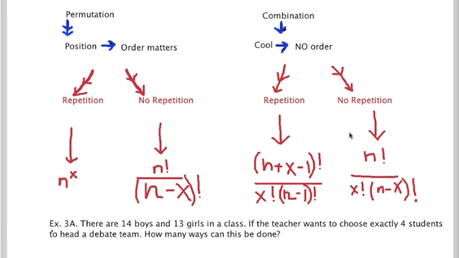Okay, so in this case, if you have A, B, C, D as in a team, it's going to be the exact same thing as A, B, D, C, right? So in this case, the order does not matter. So we don't care about permutation for this one.